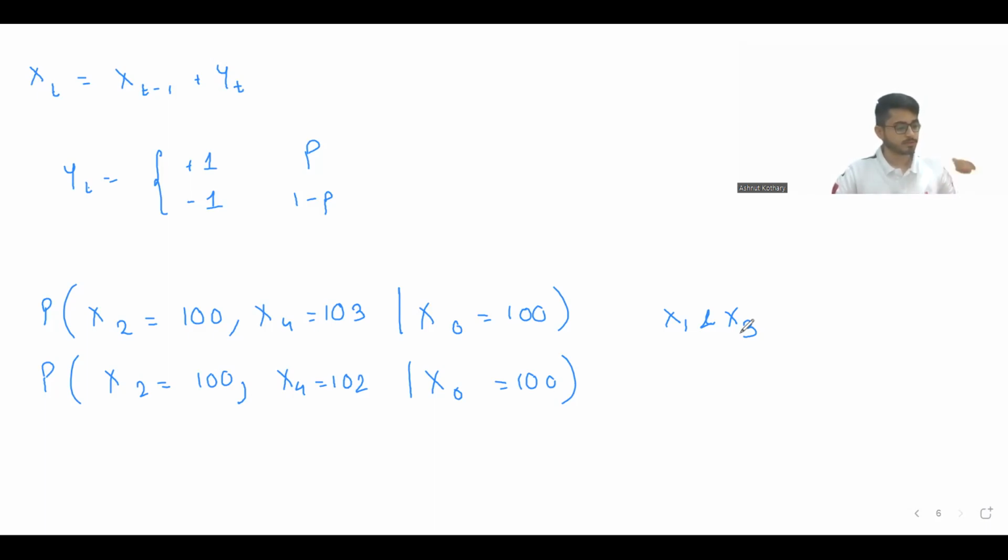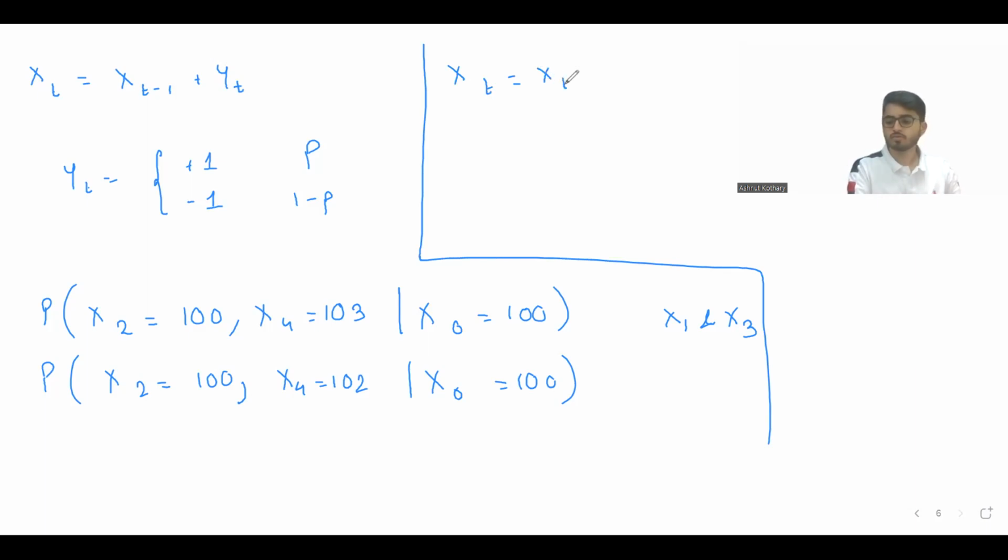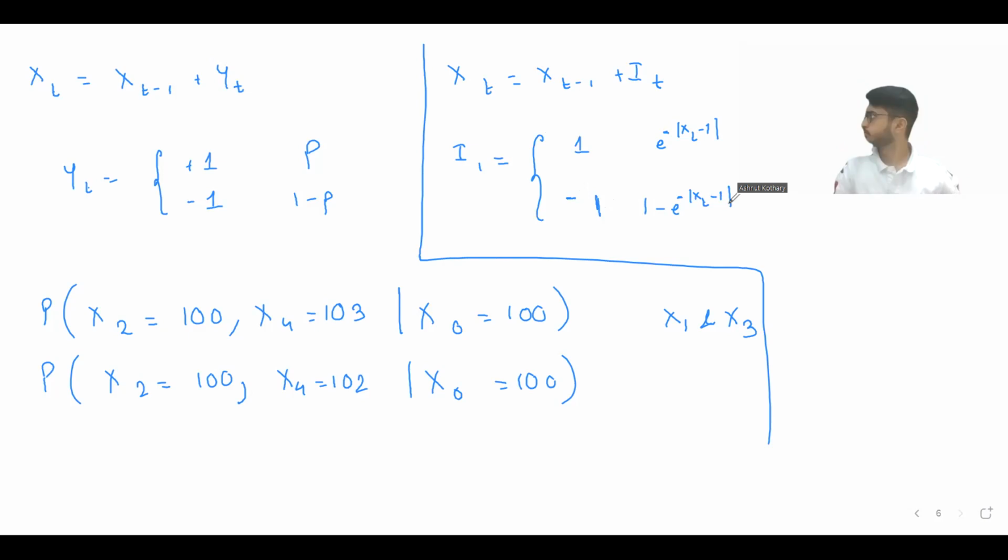Take the next question. X_t is equal to X_(t-1) plus I_t, where I_t can take the value plus 1 or minus 1, and the probability I've written is e to the power minus mod X_(t-1), where t minus 1 is in subscript, and the second probability is 1 minus this term.